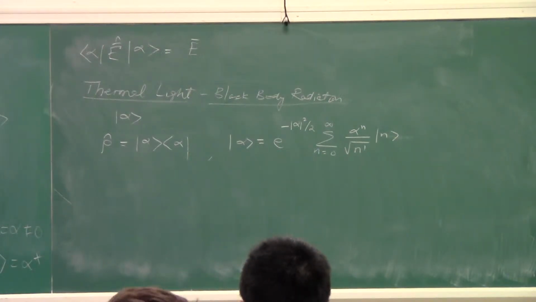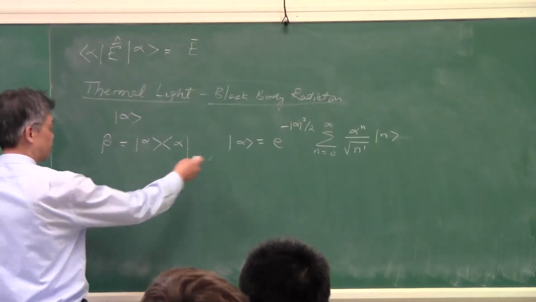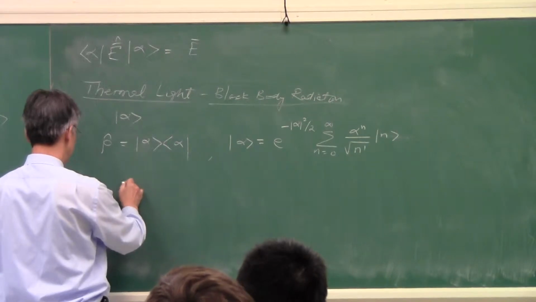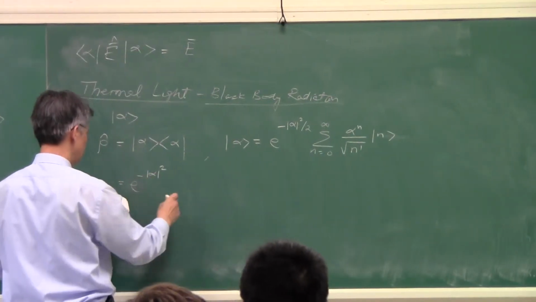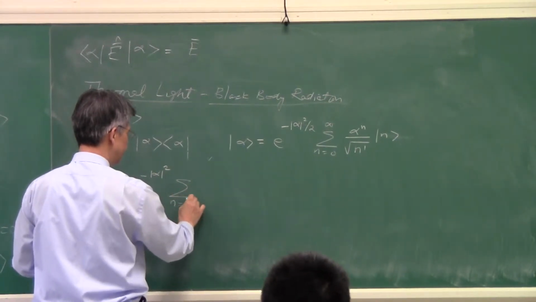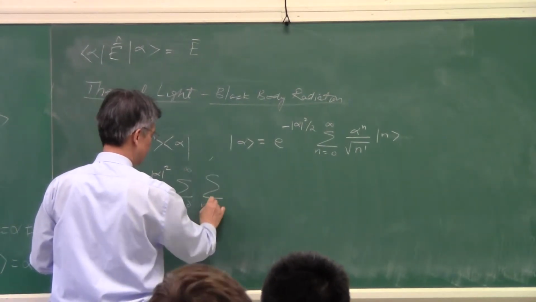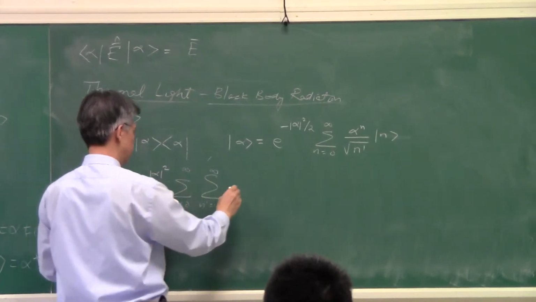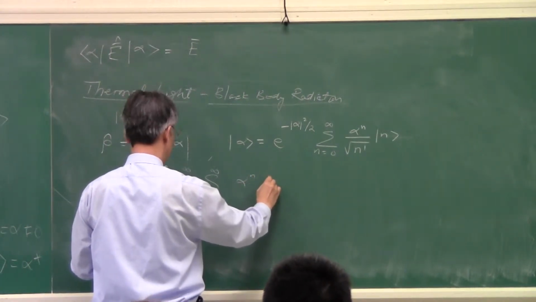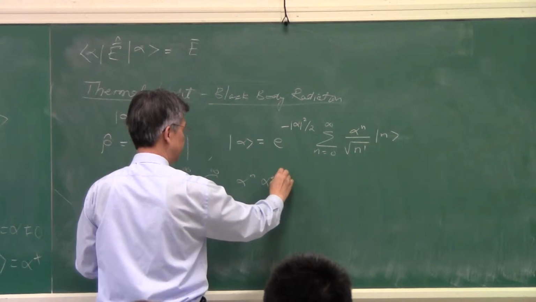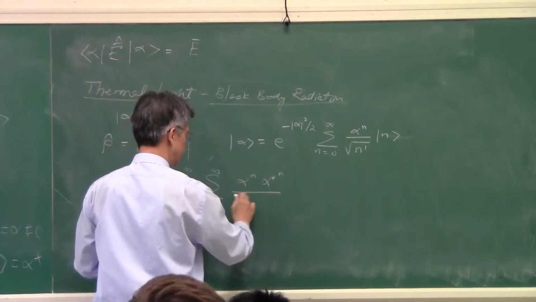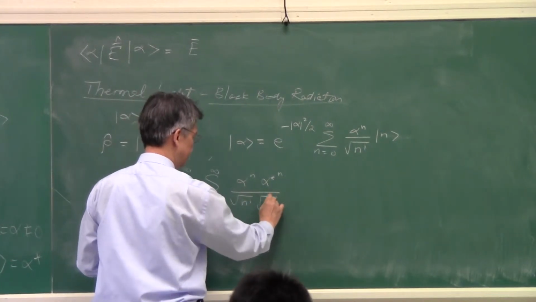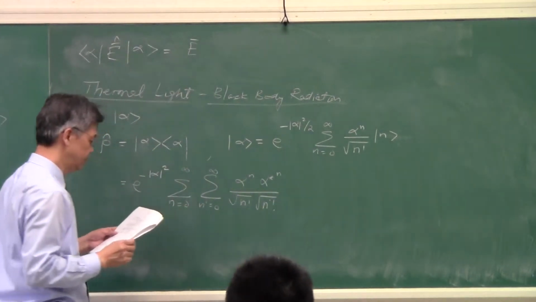And now if I substitute the coherent state into this density operator, I just substitute it two times, I get this to be equal to e to the minus alpha squared. And then I have two sums: alpha to the n, alpha star to the n prime, because I have this conjugate transpose here, divided by square root of n factorial and square root of n prime factorial.